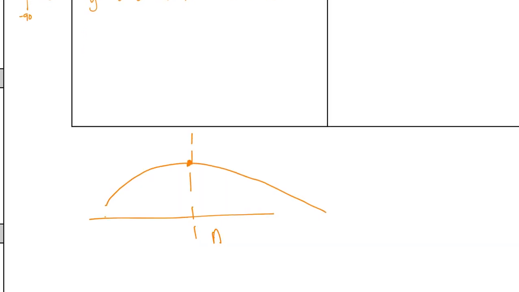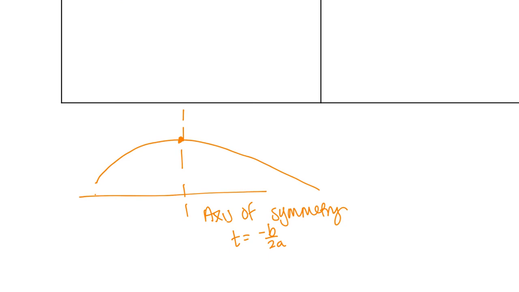That's called the axis of symmetry. It has a very specific formula. It's t equals negative b over 2a. You have to picture a quadratic as being ax squared plus bx plus c. So that's where a, b are coming from here.